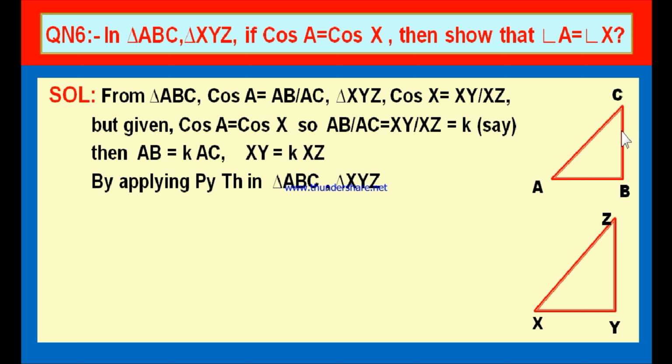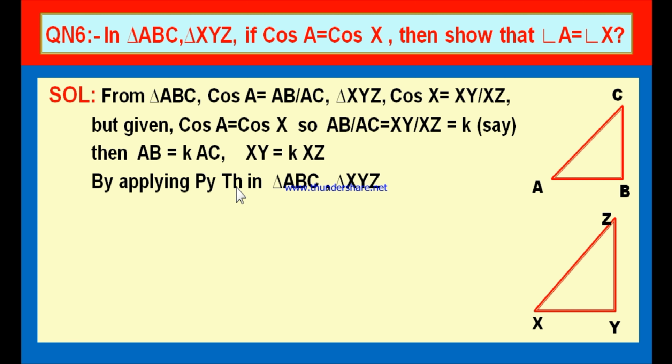Therefore, let us find the value of BC in terms of these two sides. Similarly, in the second triangle, we have XY and XZ, but we left YZ. Therefore, let us find the value of YZ in terms of these two. As you know, given one side and the hypotenuse, in order to find the value of the third side, you should go for the Pythagoras theorem.